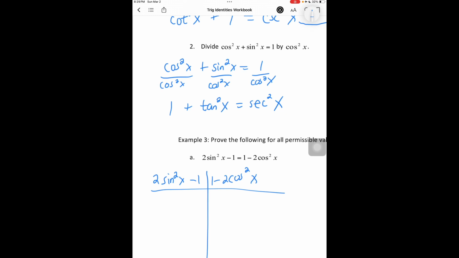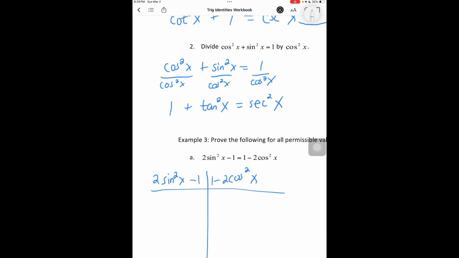What can I rearrange that would make the most sense? My options would be either the sine squared x or the minus 1. If I were to change minus 1, I would get sine over sine, cos over cos, something like that, right?